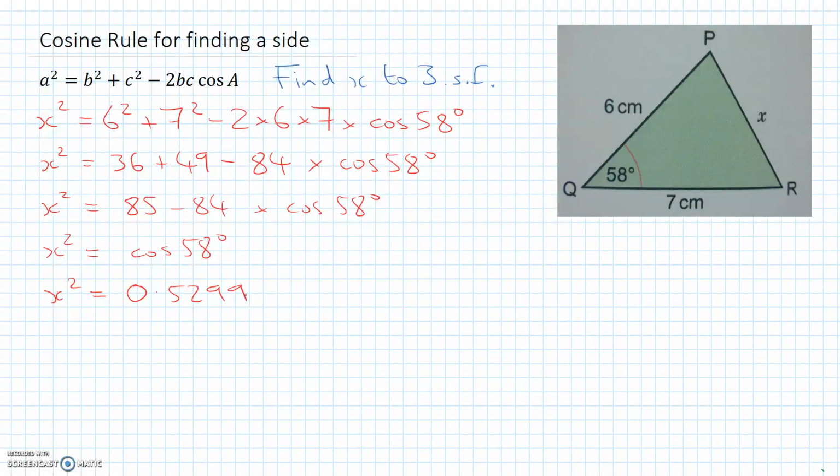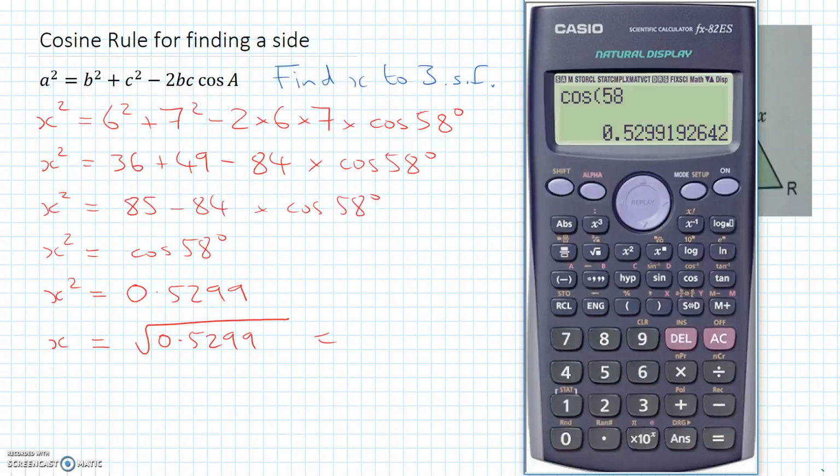Now that's x squared, so obviously we now need to find the square root. X is equal to the square root of 0.5299, which is 0.728.